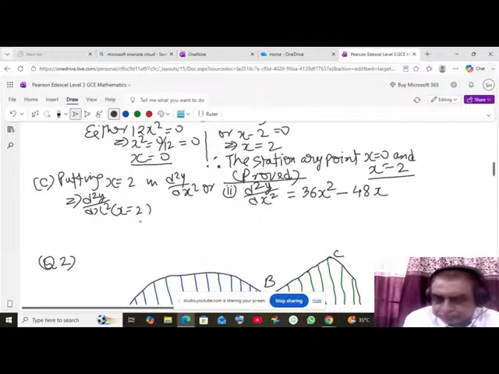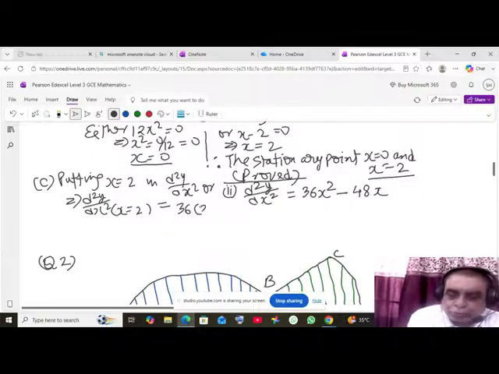We have to check what type of the stationary point this is. For checking it, we will put the value of x equals to 2 in this expression of d squared y by dx squared. So in the place of x, I am putting the value of x 2. 36 times 2 squared minus 48 times 2. So what we get? Now simplify it.